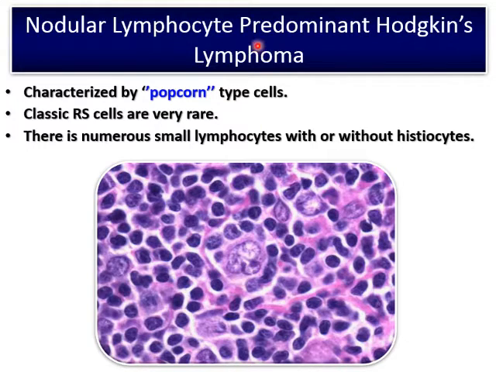This type contains the popcorn or lymphohistiocytic cell, which is essential for diagnosis, and the background is characterized by inflammatory infiltrate.